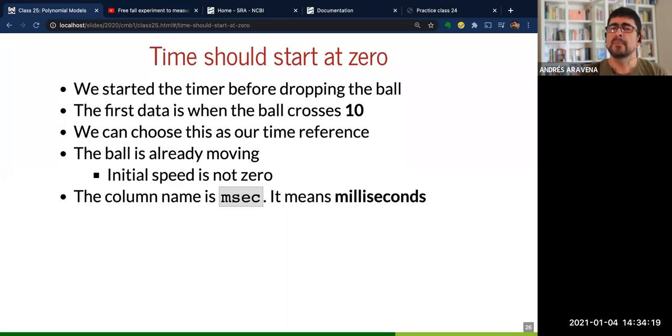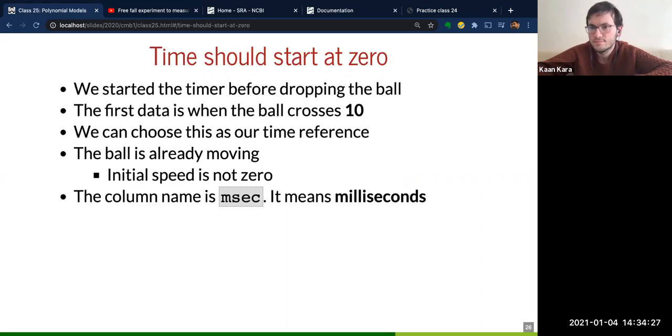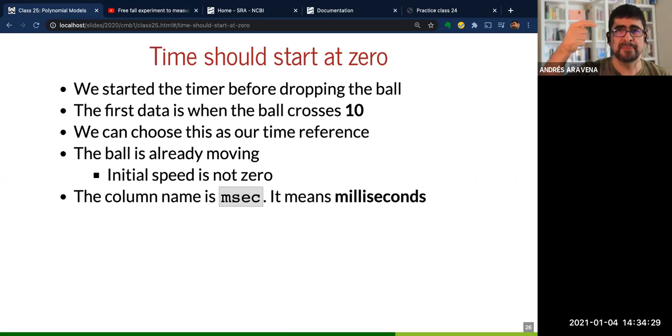There is another technique that people use: they put a magnet that you can control electrically. Essentially, with the same button, you start the timer and you drop the ball at the same time. That gives you better precision.